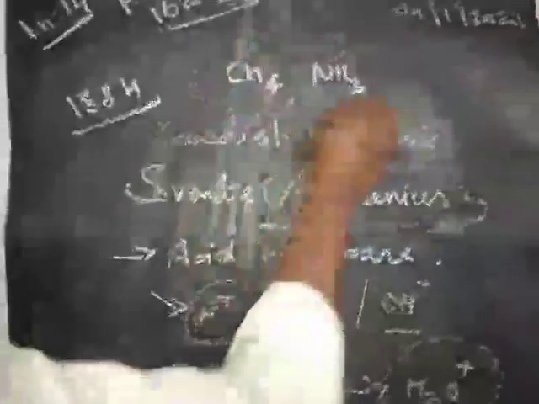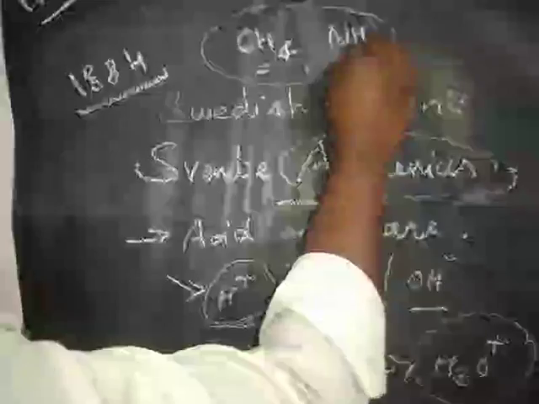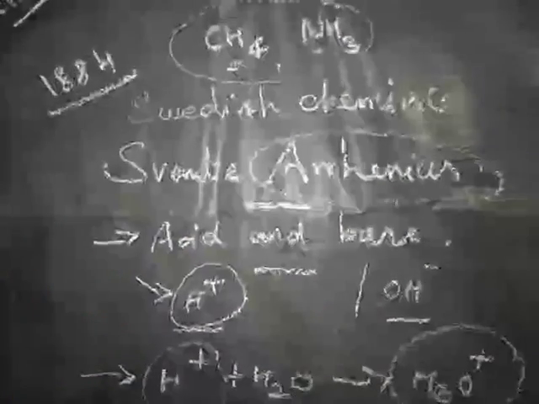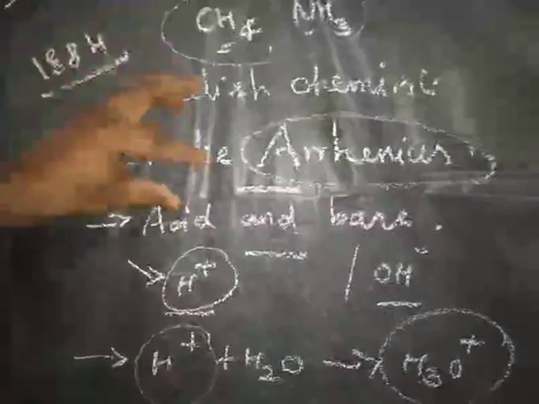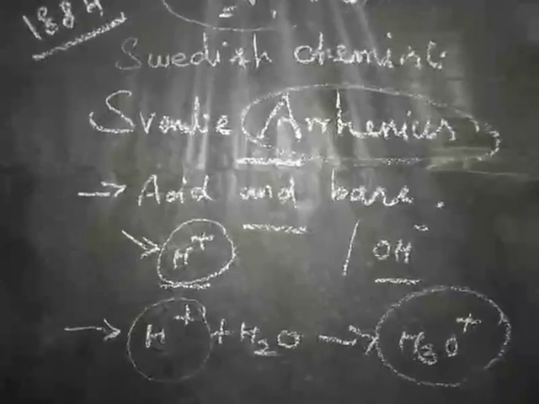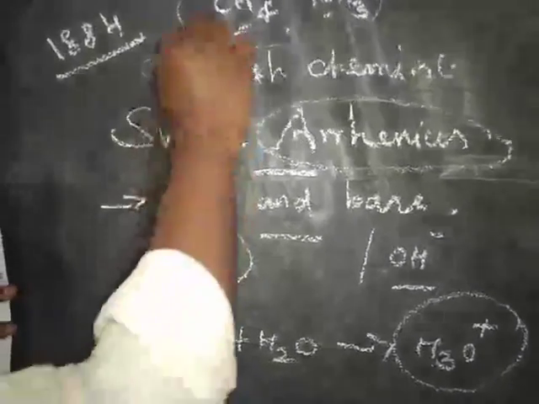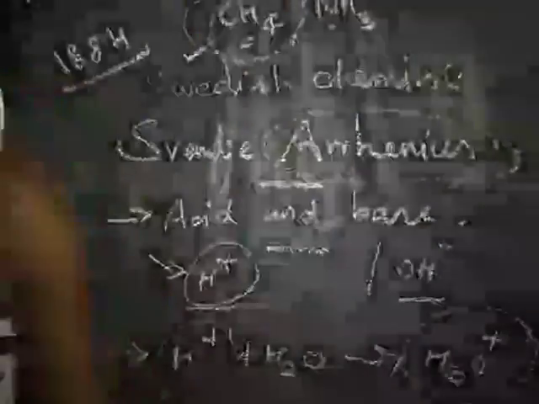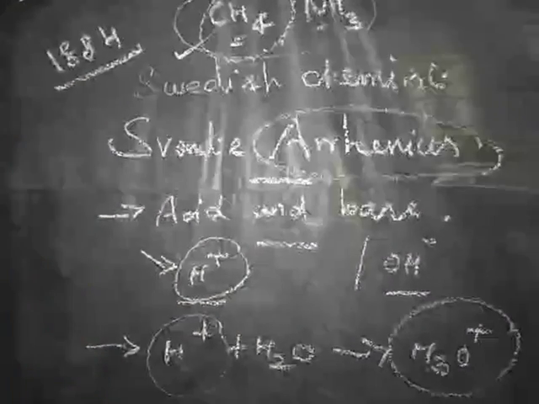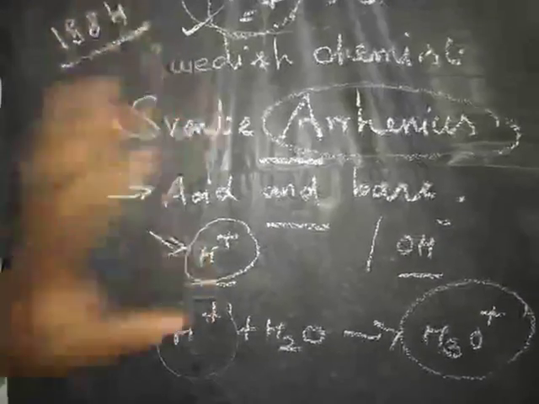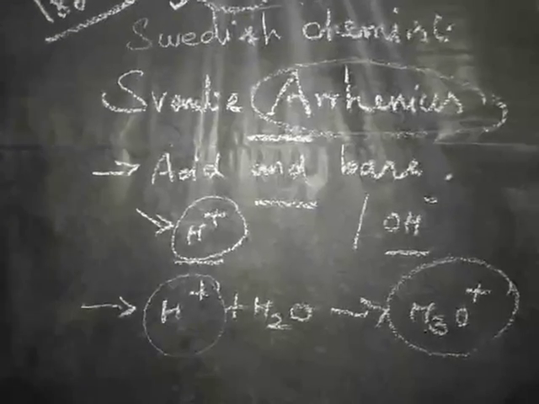Why? Because when they dissolve in water, they do not give H plus ions, because of their ionization property. So methane and ammonia are not called acids.